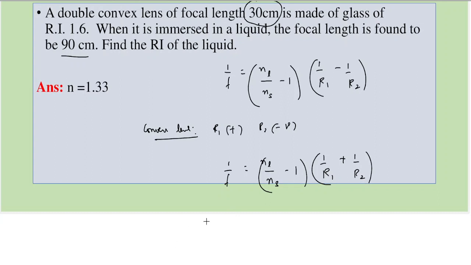Now when it is immersed in a liquid, we need to find its refractive index.